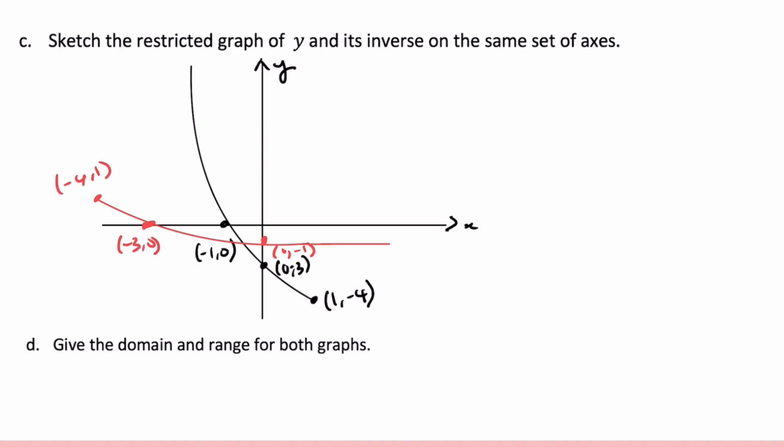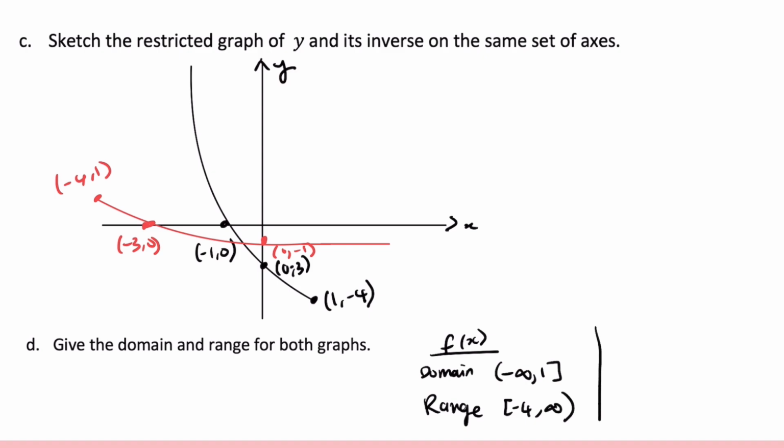Now, part D says give the domain and the range for both graphs. If we consider f of x, our original function, we can see that the restricted domain is from -infinity to 1. Oops, we don't include -infinity. And the range is from -4 to infinity. For the inverse function, it simply flips.